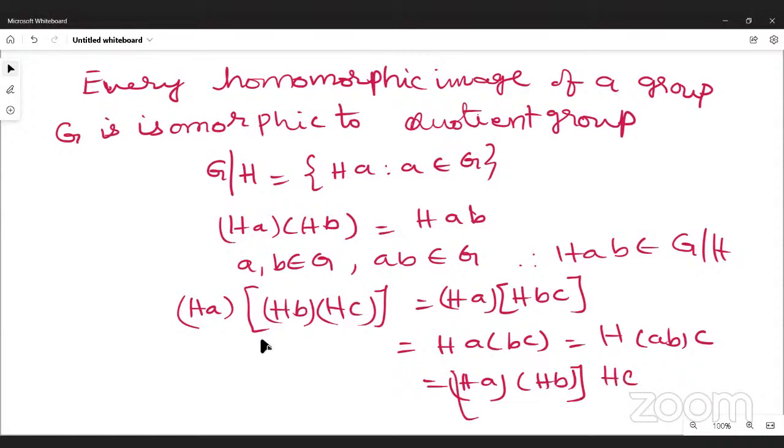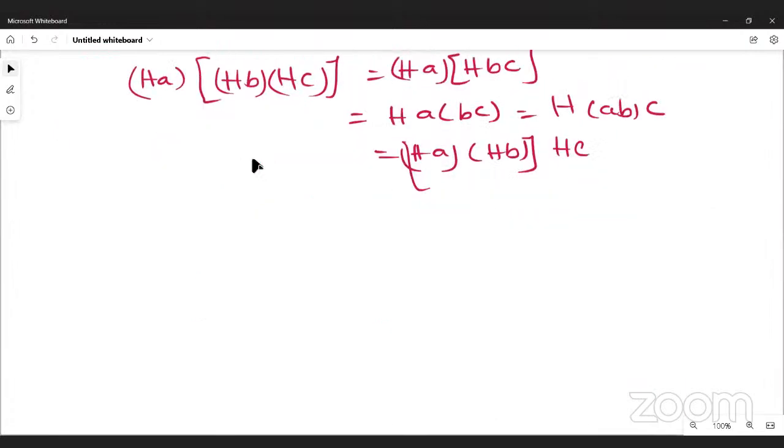So coset multiplication also satisfies the associative property.